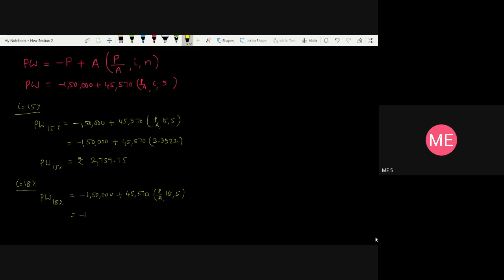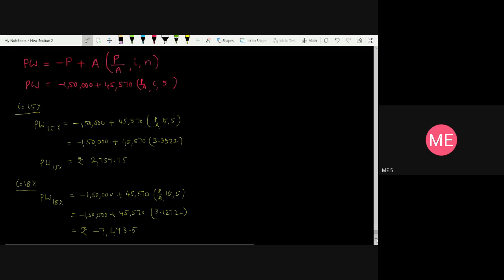By simplifying and substituting the factor from the table, which is 3.1272, I get the present worth in this case as minus 7,493.50. You can use even 16 also, or you can use 17 also here.